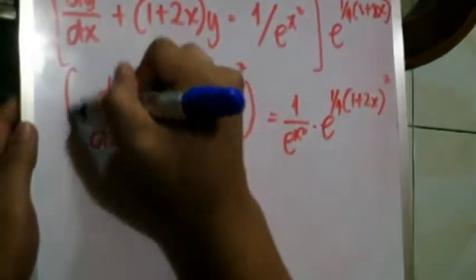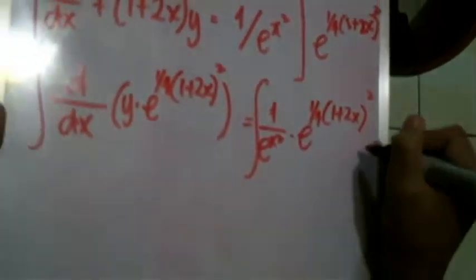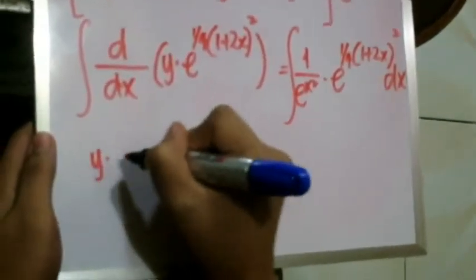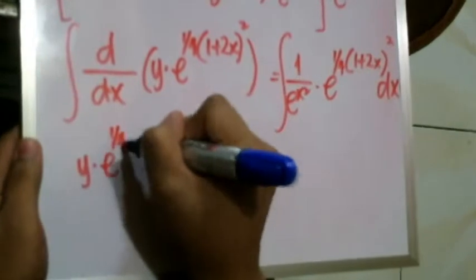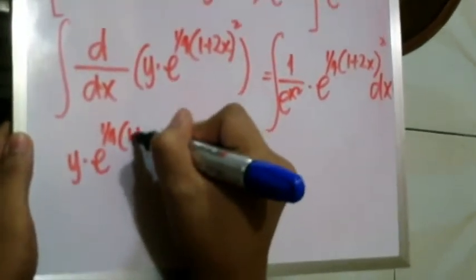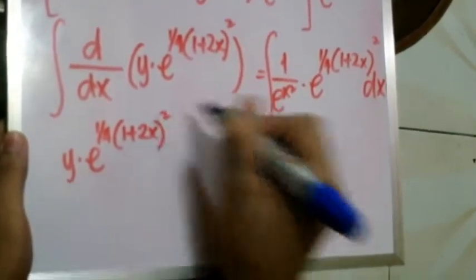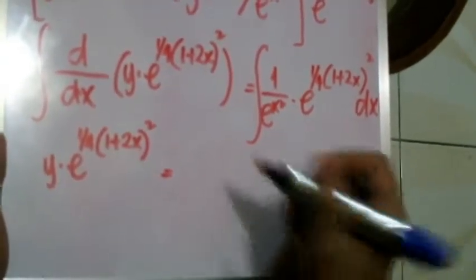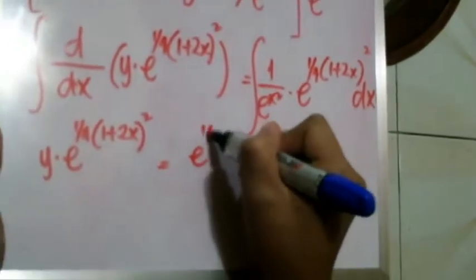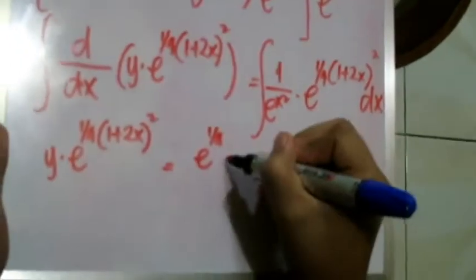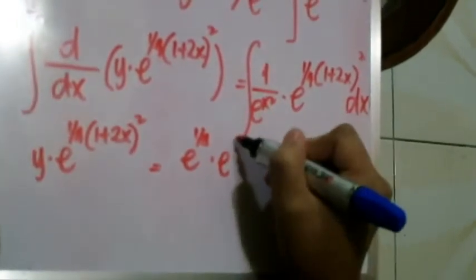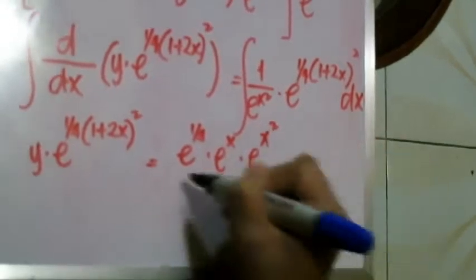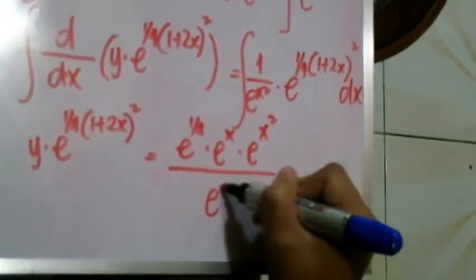Integrating both sides with dx here, we have y times e to the 1/4 times 1 plus 2x squared equals the integral of e to the 1/4 times e to the x times e to the x squared over e to the x squared.